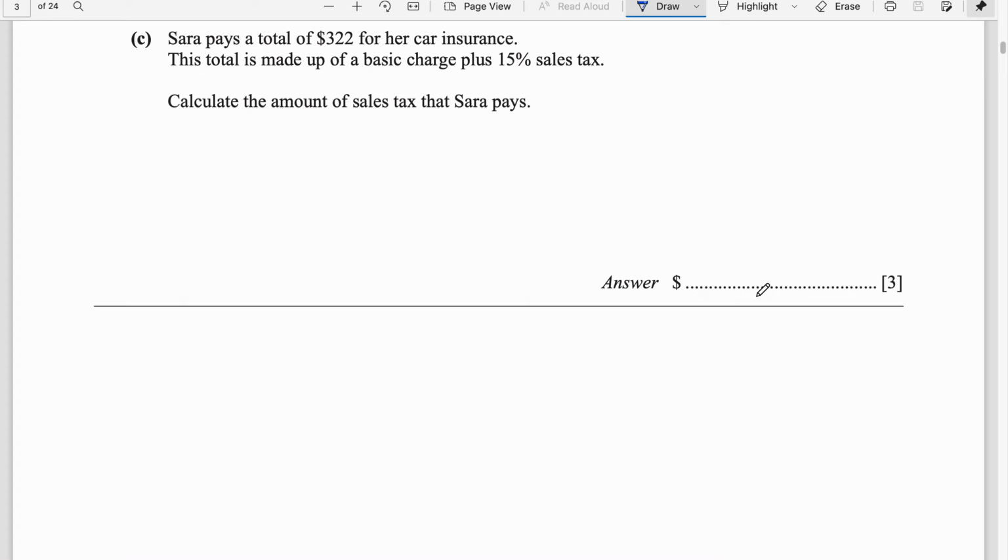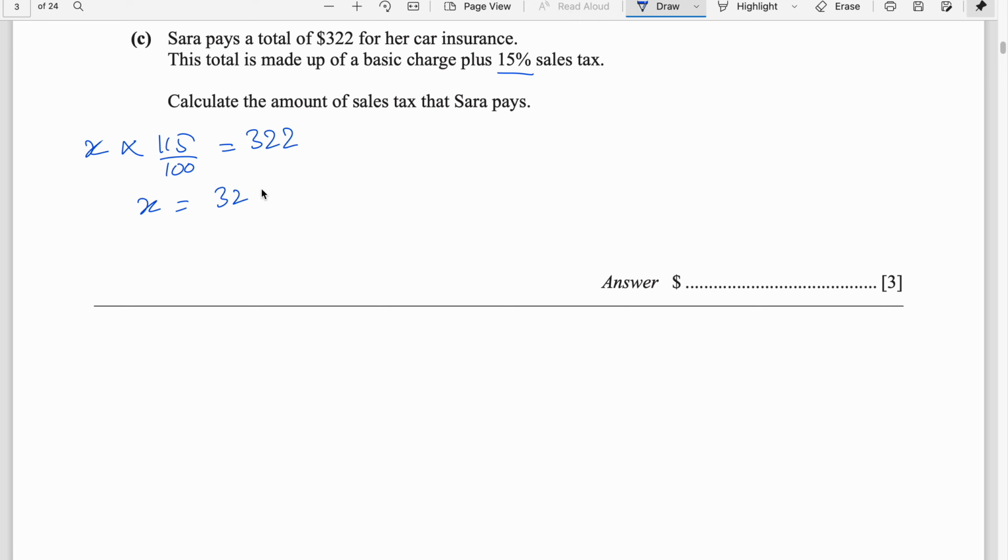C part. Sarah pays a total of $322 for her car insurance. This total is made up of the basic charge plus 15% sales tax. Calculate the amount of sales tax that Sarah pays. So if she is paying $322, on the basic amount when you add 15% sales tax, it becomes 115%, which is equivalent to 322.